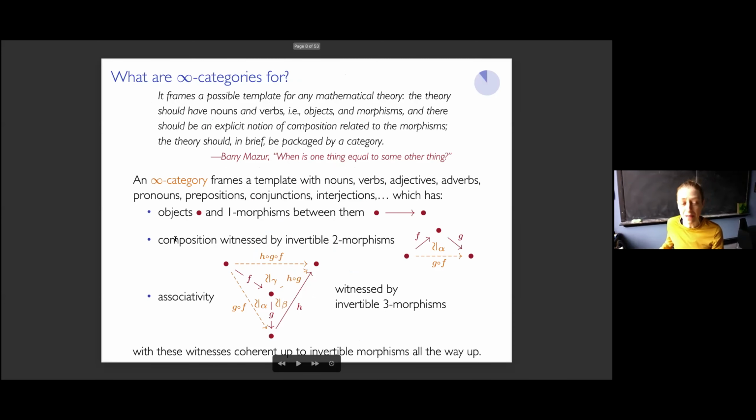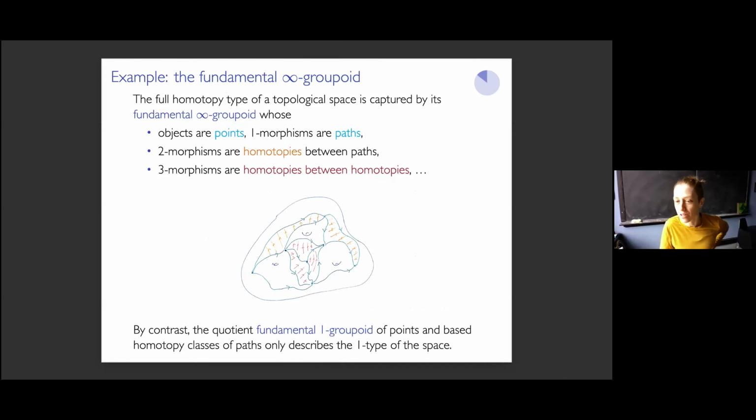One of the things we mentioned in an infinity category is that you can compose one morphisms, but not canonically uniquely, only up to an invertible two morphism. And that composition is associative, but again, not on the nose, only up to some higher dimensional homotopy. So if I look in this picture here and I trace a composable pair of paths, there is a way to compose paths.